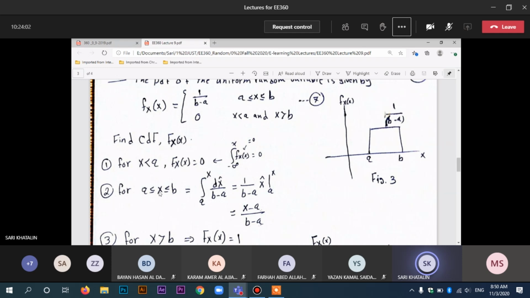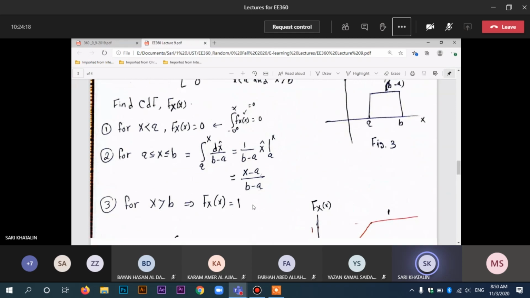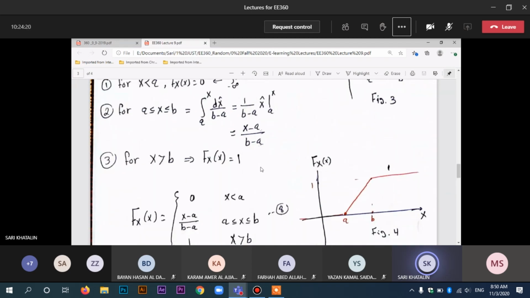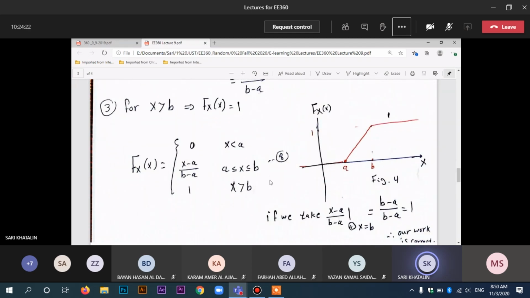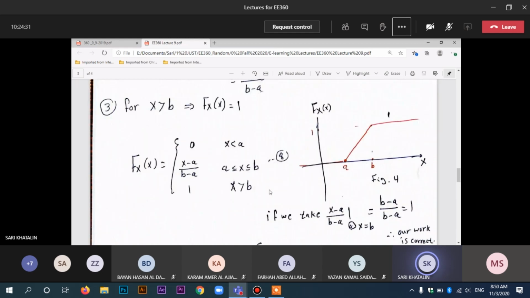Now, when x is between a and b, all we have to do is take the integration of the PDF, straightforward, and the result is right here: x minus a divided by b minus a. Now, for x larger than b, it is equal to 1. Why? Because according to the properties, Fx is always continuous on the right-hand side.